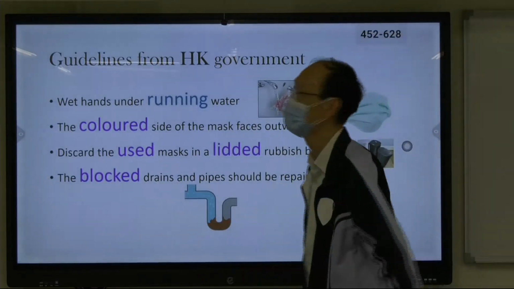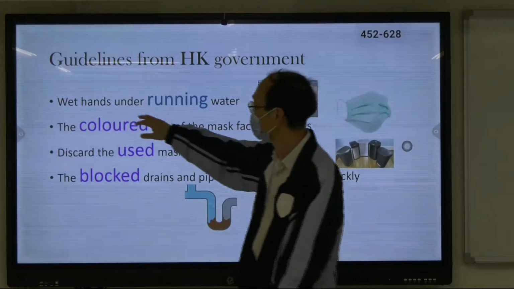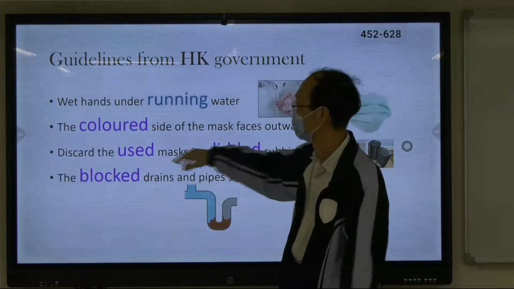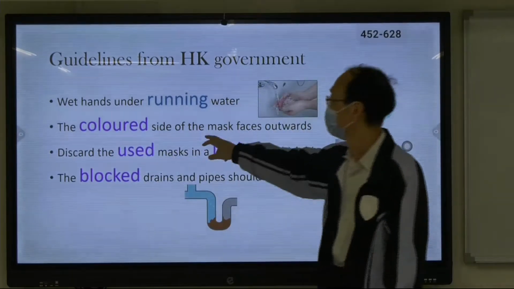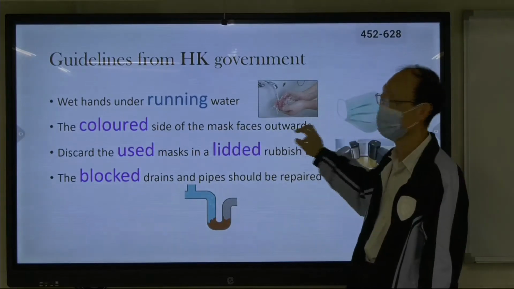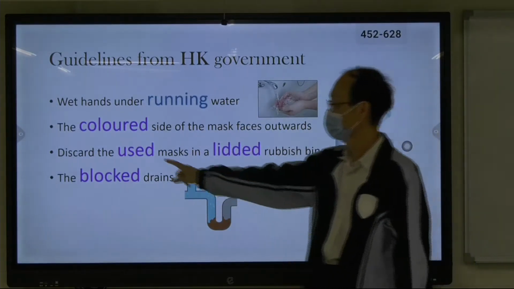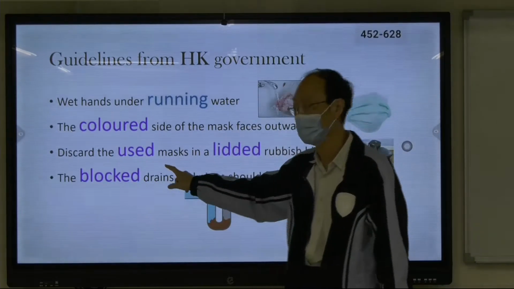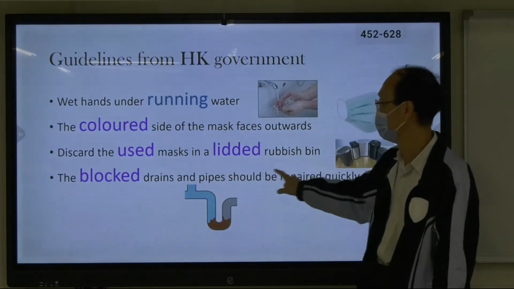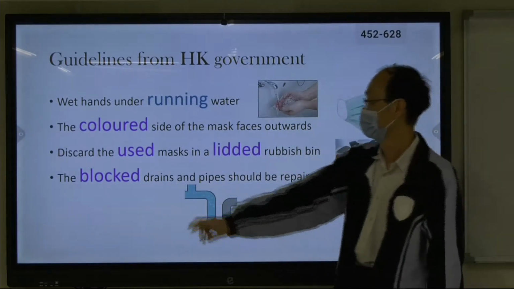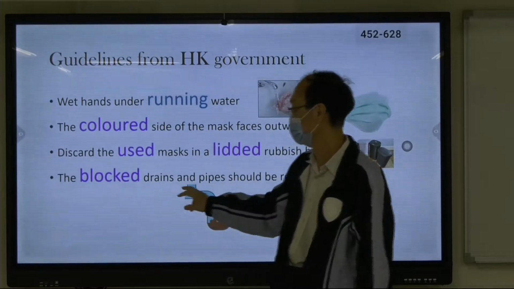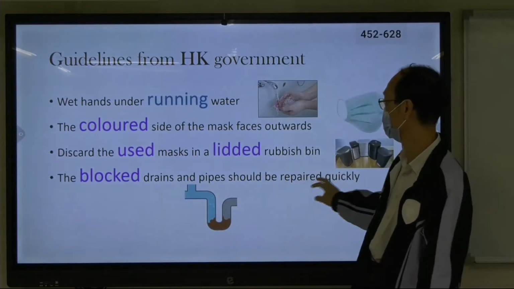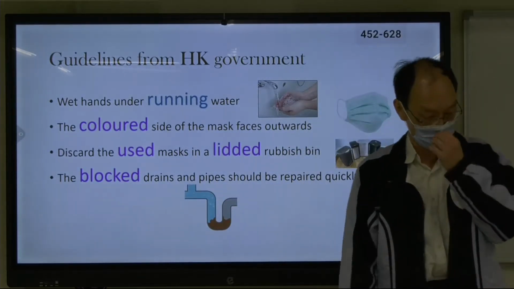For example, wet hands under running water. The colored side of the mask faces outwards. Discard the used mask in a neat rubbish bin. The blocked drains and pipes should be repaired quickly.